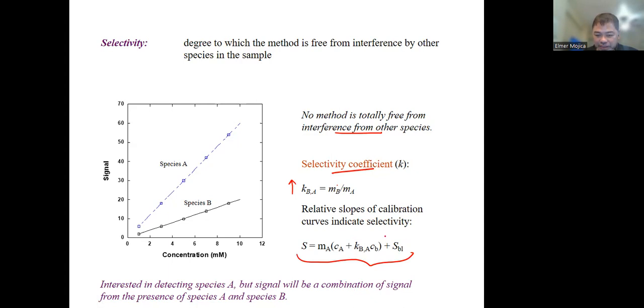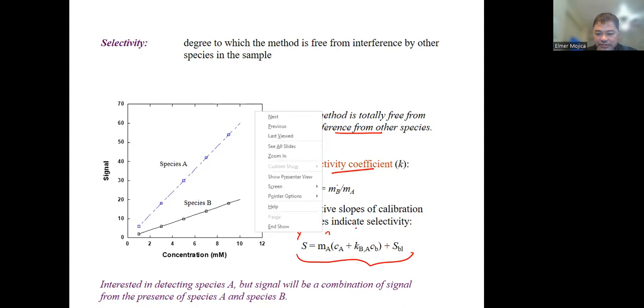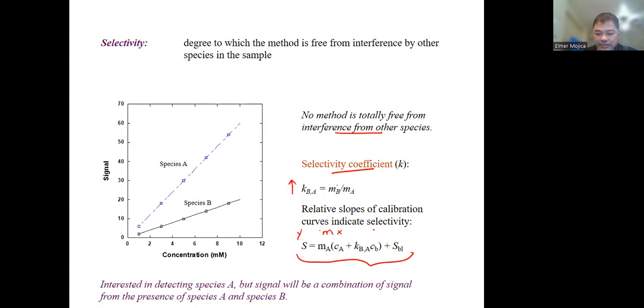Okay, so as you could see there, this is y equals mx plus b. But there's an additional term here. So if you're interested in detecting species A, but the signal here will be a combination of signal from the presence of species A and species B. So in our handout, selectivity is the measure of method's freedom from interferences as defined by the method selectivity coefficient.